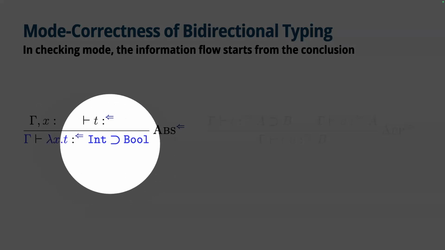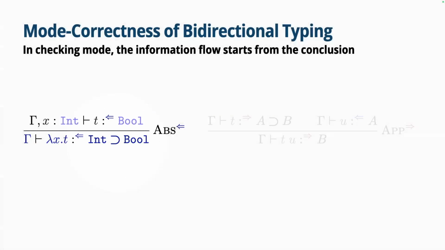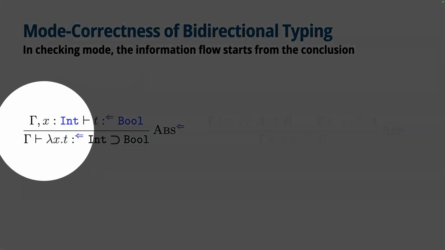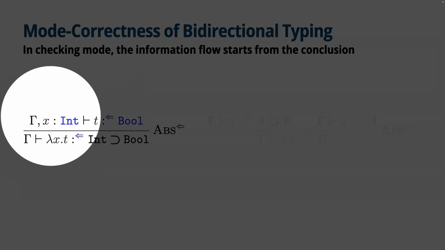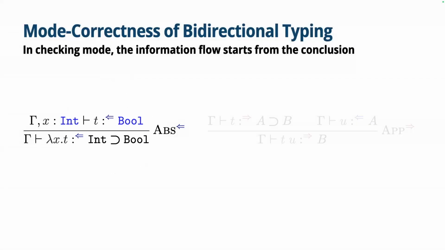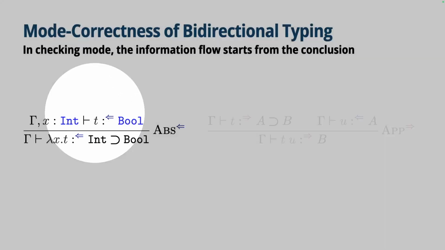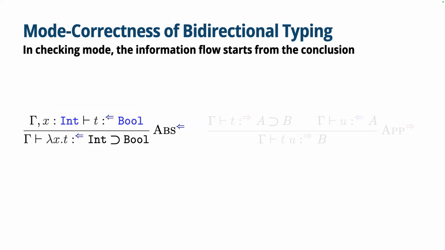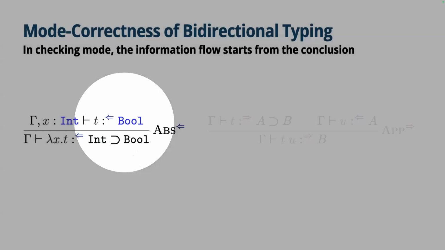Then we can use this information, the bool, to give the type of this variable x. And also because we know the codomain is a bool, we can use this to check the type of t here, and then we kind of complete the information for this particular construct.